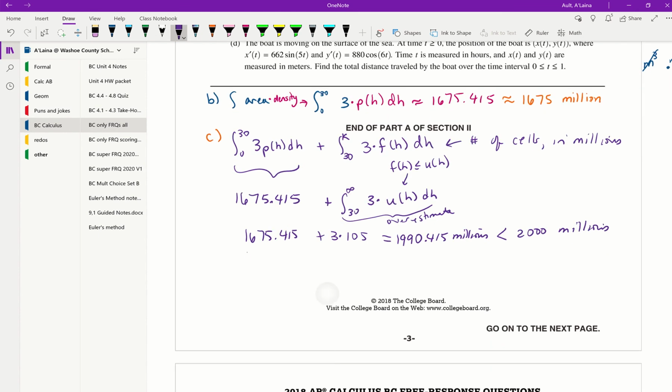And the 1,990.415 is an overestimate, since f of h is less than or equal to u of h. And we did this to an infinite height.